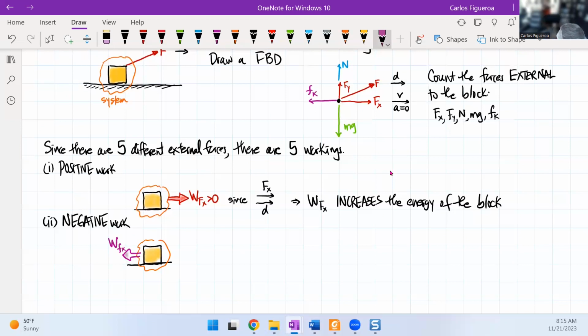And that work done by friction is negative, since I see that my frictional force is going that way, but my displacement is like this. So therefore, the work of friction decreases the energy.